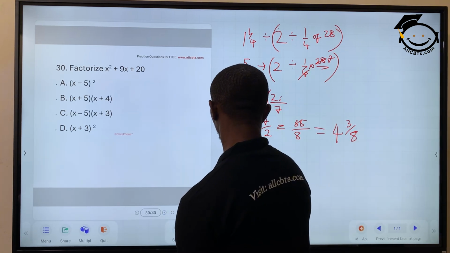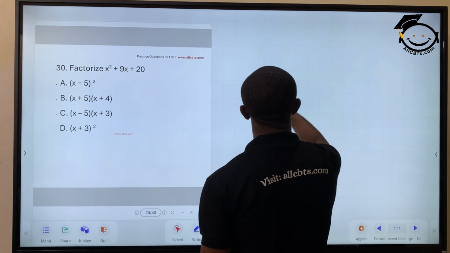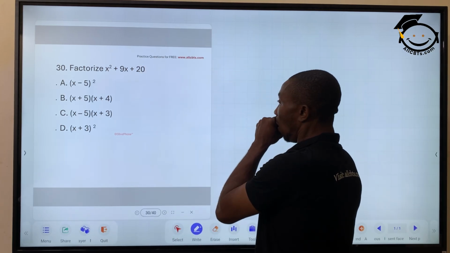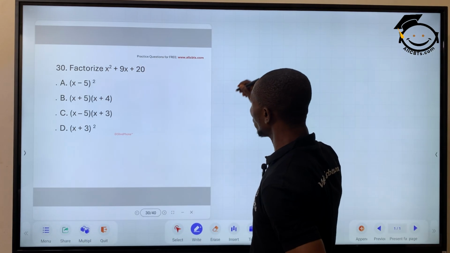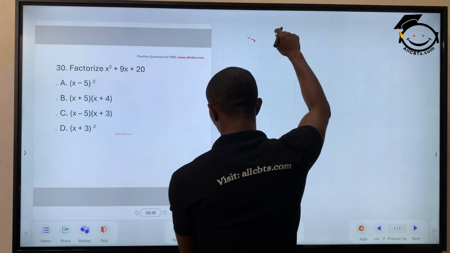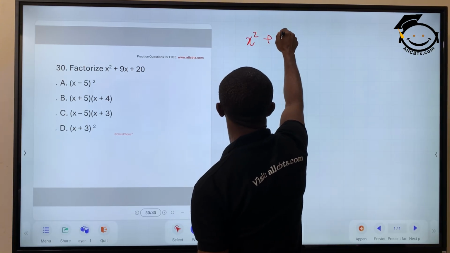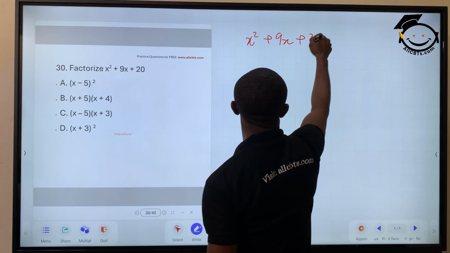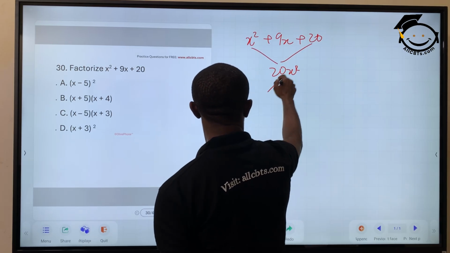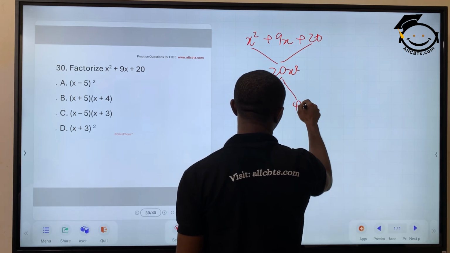And the next question says factorize x squared plus 9x plus 20. So when we factorize this, we have x squared and 20. Factors of 20 that will give you 9 are 5x and 4x.